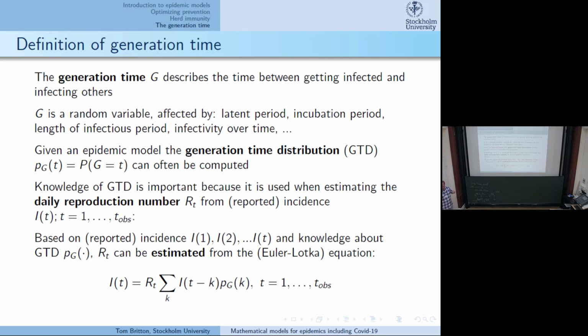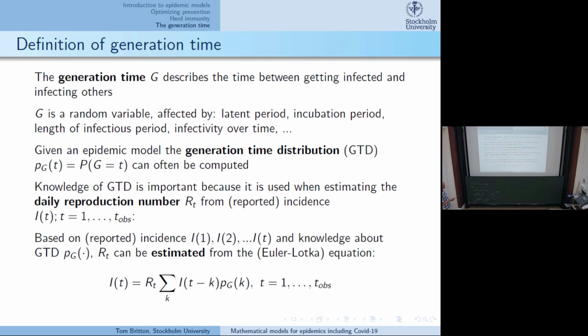By the way, in the model I described, which we call the SIR Markovian epidemic model, you can compute the generation time, and it happens to become an exponential distribution, with a parameter which is the difference between the infectious rate and the recovery rate, if I remember correctly. But you can compute the generation time distribution for different models, either numerically but also analytically.